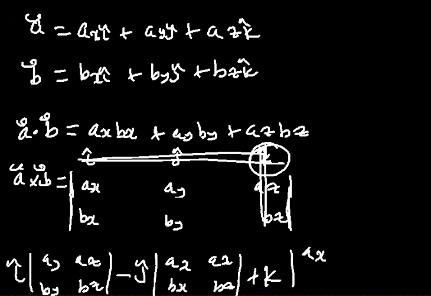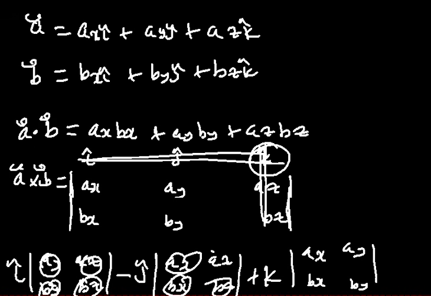We'll have it as ax, bx, and ay, by. And from there, we multiply diagonally. That is ay times bz minus this times that, this times this minus this times that.